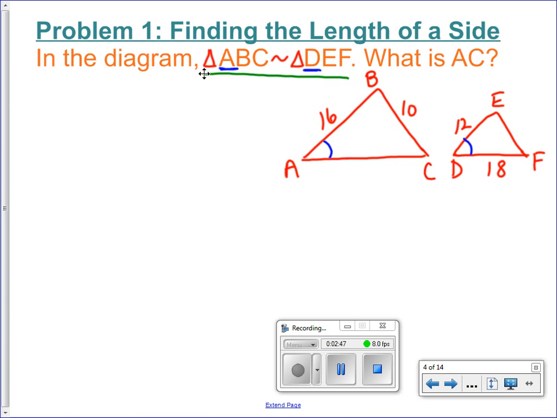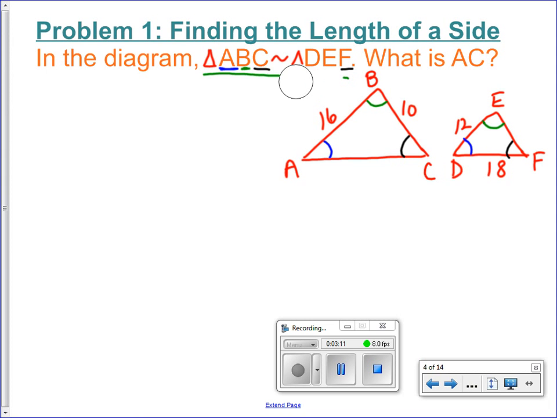We also know that angle B, which is listed second, has the same measure as angle E because they are each listed second. Also, the last one, angle C, has the same measure as angle F. All right?